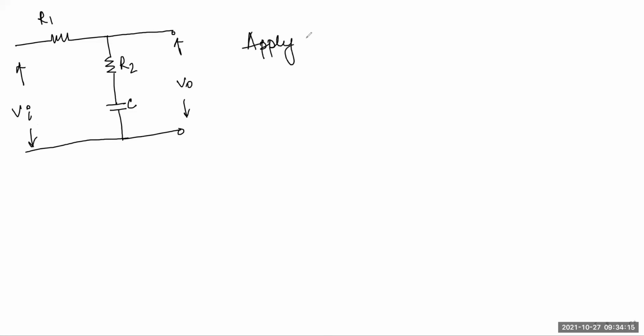You apply KVL to the loop and just tell me what will be the answer.